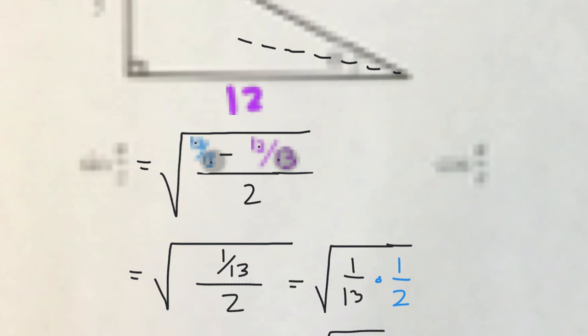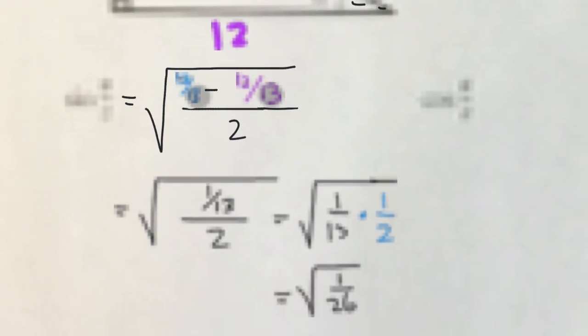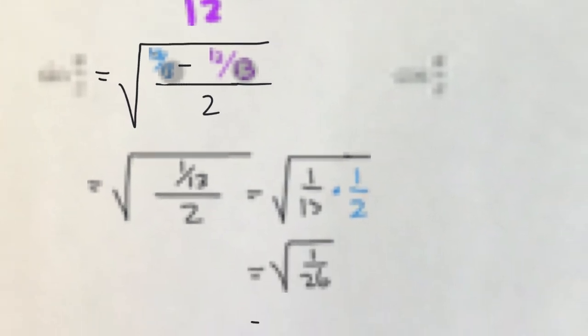Not looking any simpler, is it? Well, we can do something else algebraically. We can split this into the square root of the top over the square root of the bottom. That is mathematically legal to do, and we're all doing this in the name of simplifying. We're trying to make it more simple.